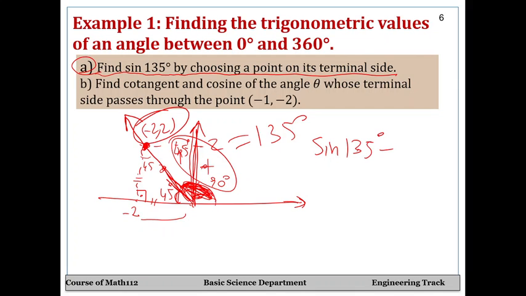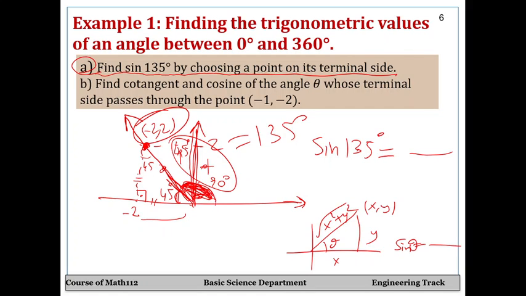So you can calculate sine 135 degrees. I don't remember the formula, so I will recall it from the first quadrant. This is x, this is y, and this is the square root of x squared plus y squared. Sine theta is the opposite side divided by the hypotenuse, so y divided by the square root of x squared plus y squared.